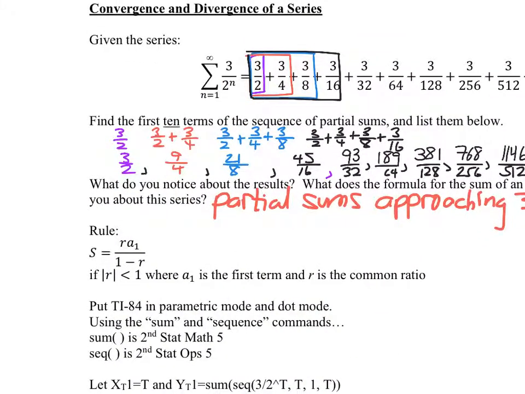So the first thing I would do is get that 3 out of the way. So 3 times 1/2 to the nth power.